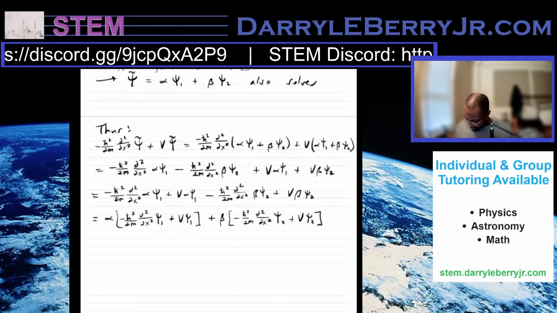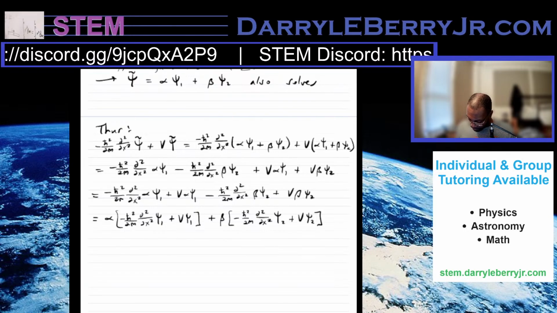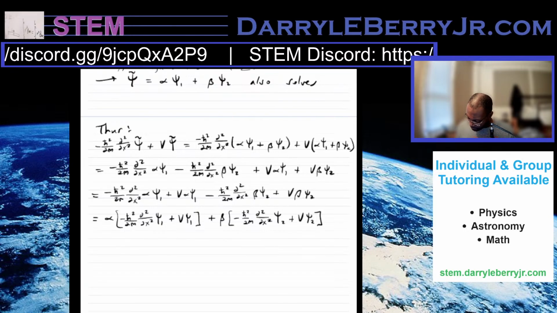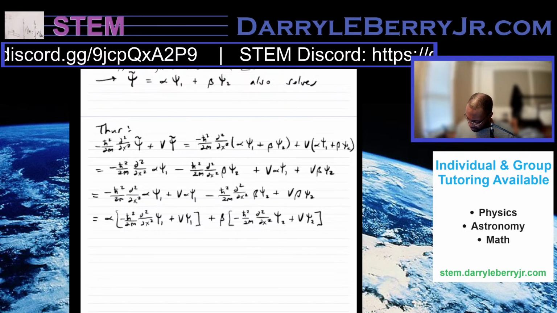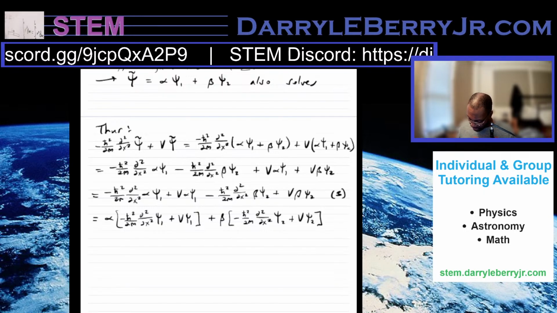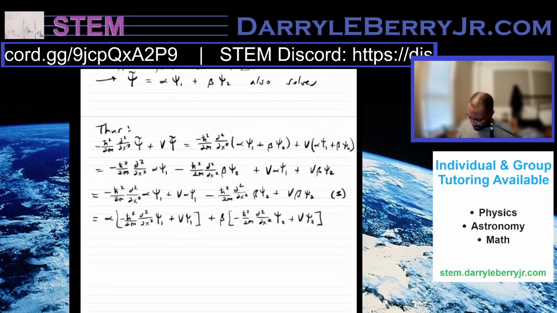So now I took the complete expansion on line 3, which is here, and I factored out the alpha and the beta.